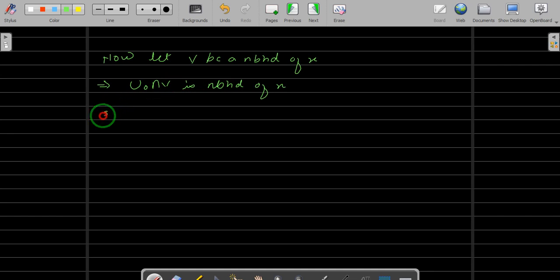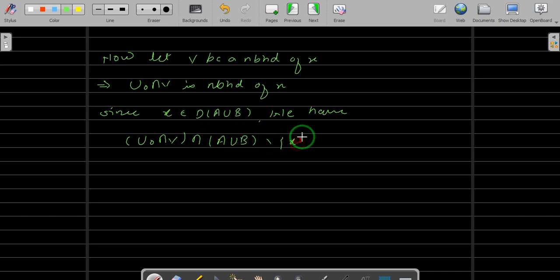Now since we know that this x belongs to the derived set of A union B, and u naught intersection V is a neighborhood of x, we have this neighborhood, that is u naught intersection V. When you take the intersection of this with A union B, and if you remove that point x, we will have a non-empty intersection, because x is the limit point of A union B and u naught intersection V is a neighborhood of x.